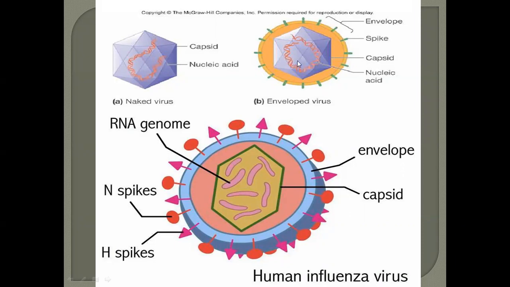So this is about the capsid and envelope: the capsid contains the genetic material of the virus. This is a naked virus; this is covered with an envelope with spikes, the enveloped virus. Human influenza virus contains H and N spikes over the envelope. So this is all the information on enveloped and non-enveloped viruses. We are moving to the next slide.